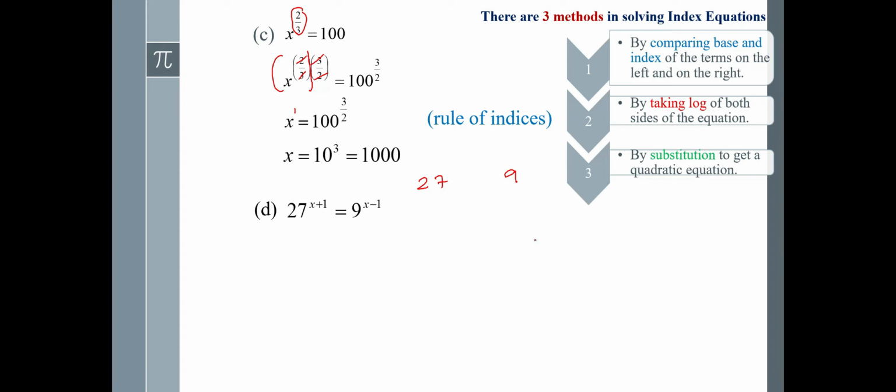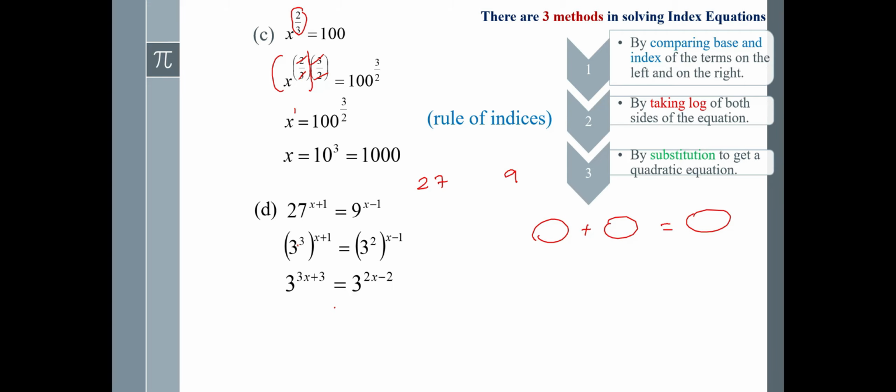It's when we have more than one term. For example, like that. But now we only have one term on the left side and one term on the right side. There's no plus of anything else. 27 and 9, can you write them to the same base? Yes, 3 to the power of 3 and 3 to the power of 2.